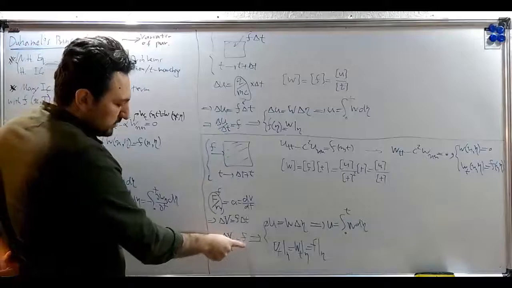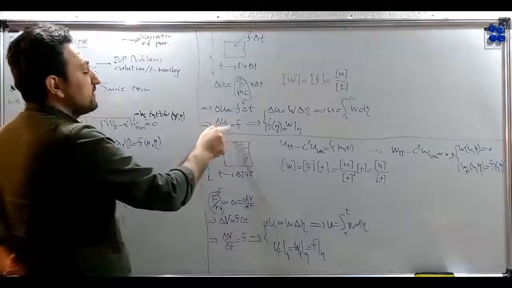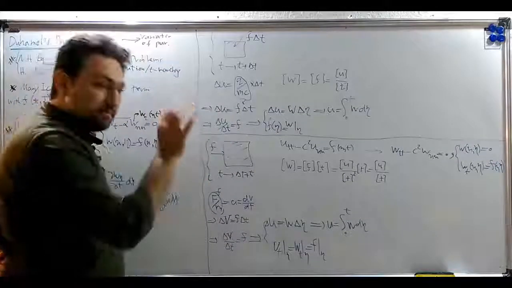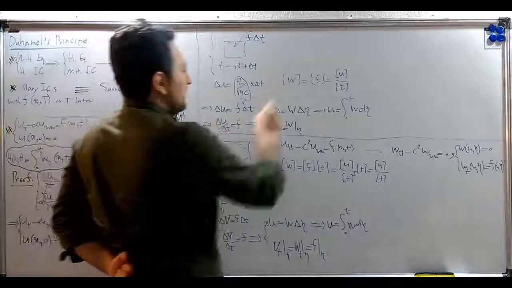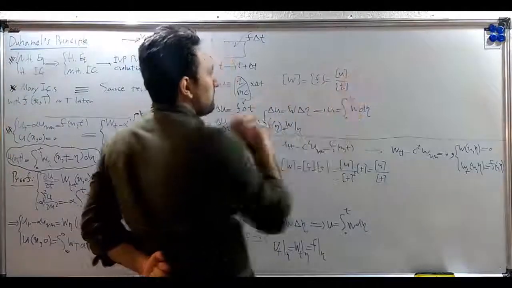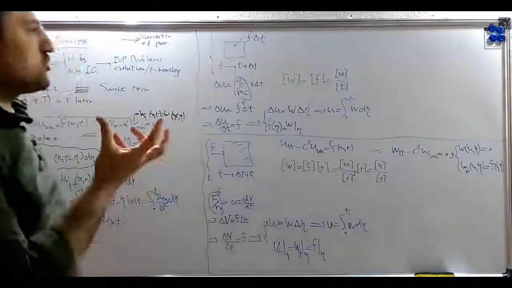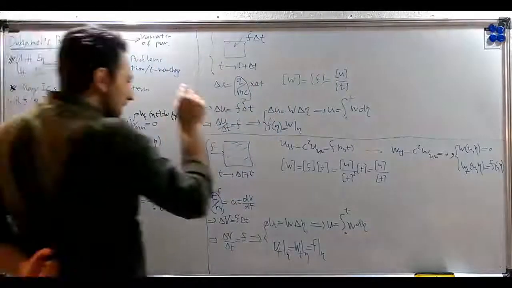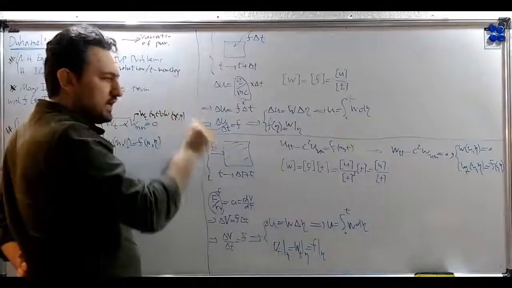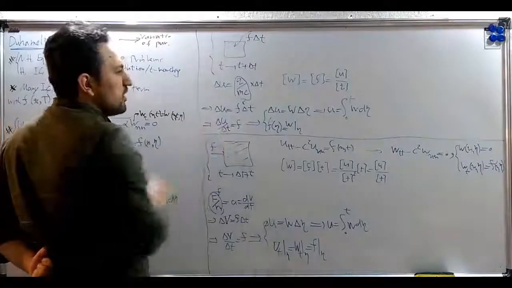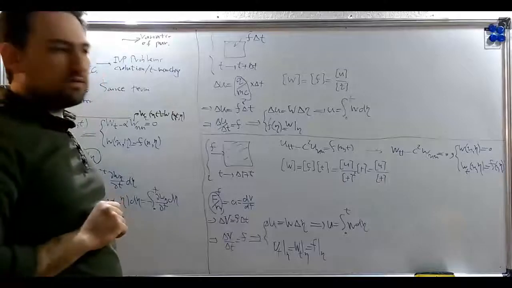Delta v over delta t equals f here, and delta u over delta t equals f. u is the temperature, v is the velocity. So w is proportional to the change of u with respect to time. And again, f, based on the conservation of energy, equals the change of temperature with respect to time.